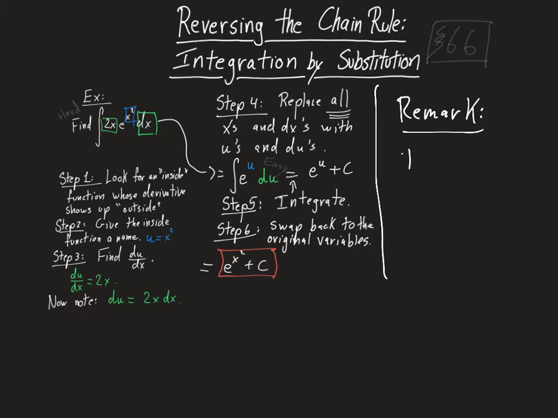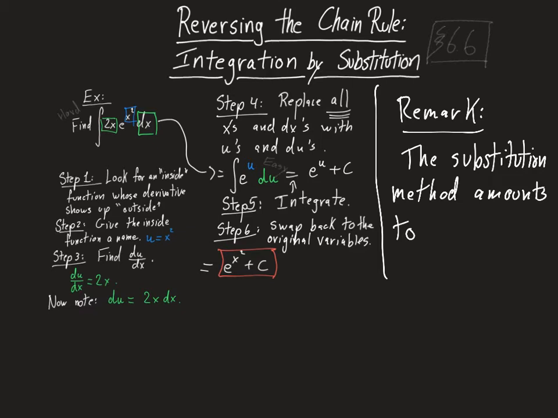is that the substitution method basically amounts to undoing a derivative that was obtained with chain rule.